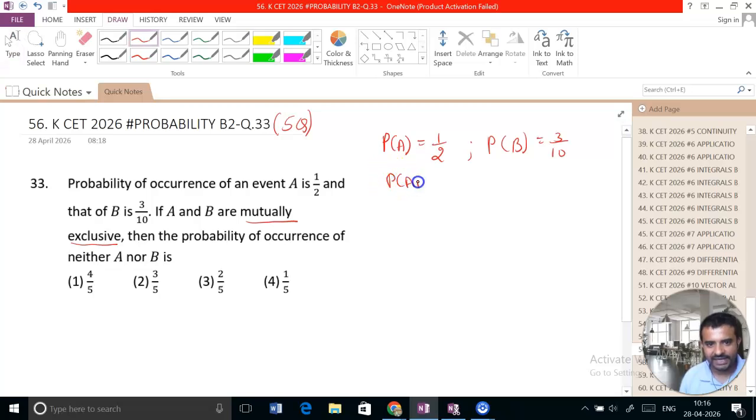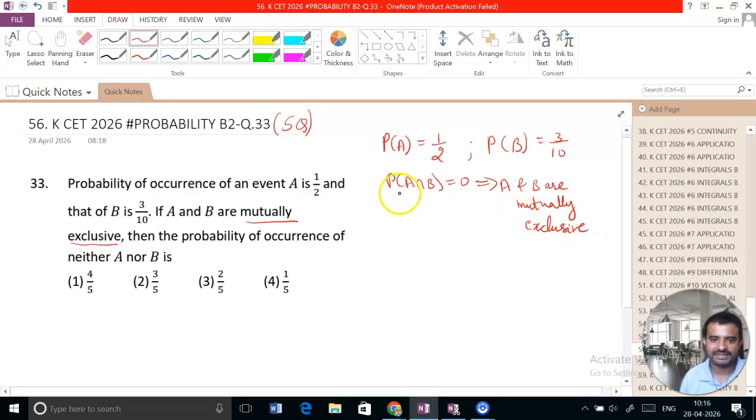Probability of A intersection B is equal to 0. We say A and B are mutually exclusive. Correct? So this is the time saving result.